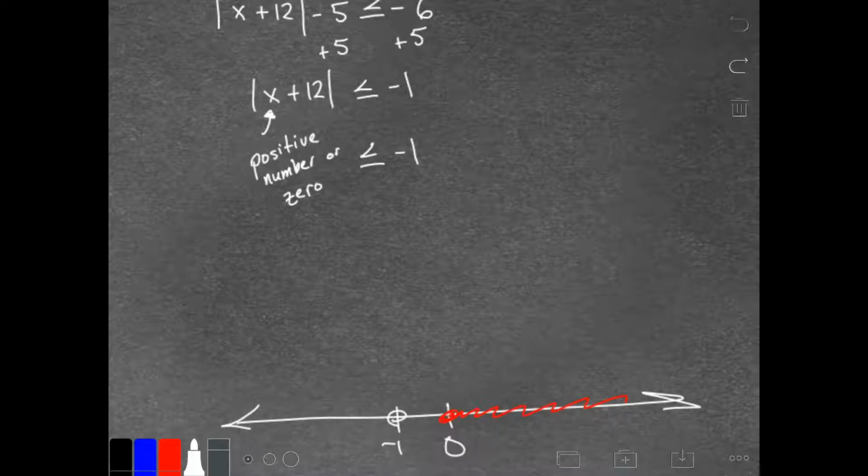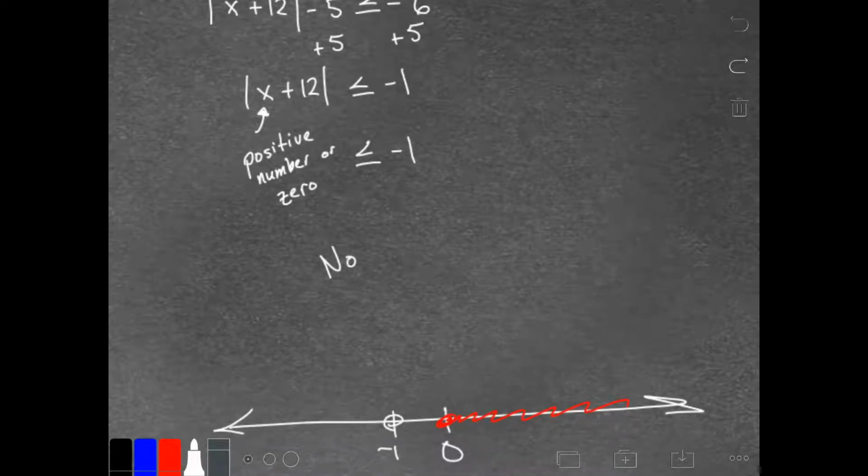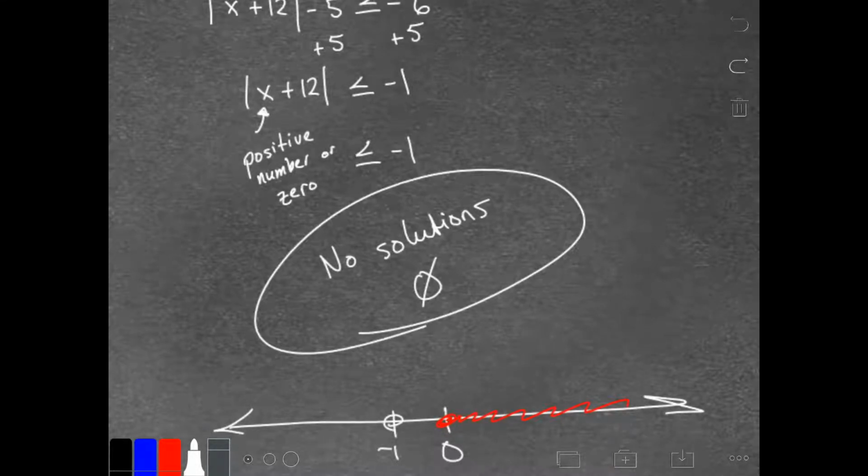There are no solutions. It doesn't matter what number, no matter how big or how small, you substitute in for x. When we take the absolute value, we get a positive number or 0, and that will always be greater than a negative number. So the absolute value less than or equal to a negative number will yield no solutions. Or the symbol; go ahead and circle that.